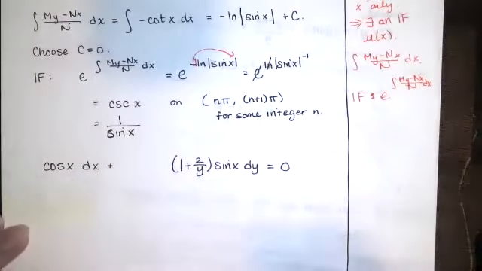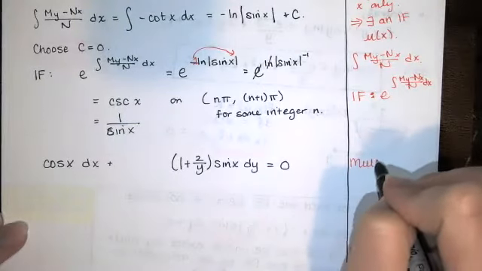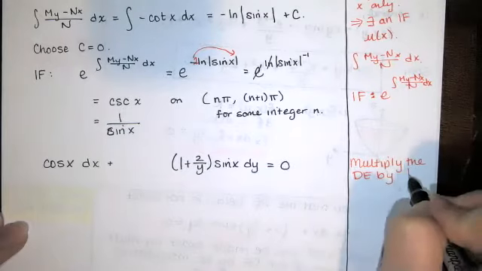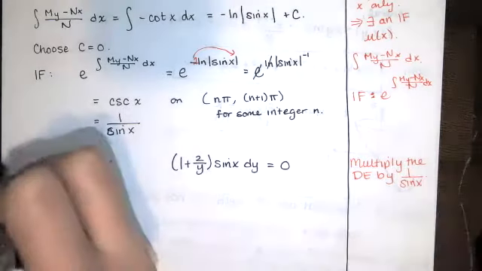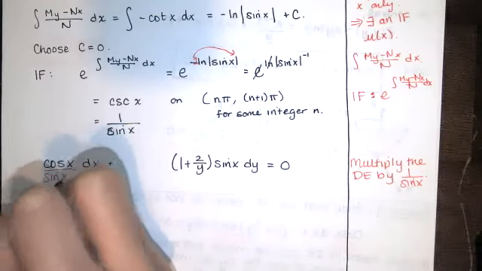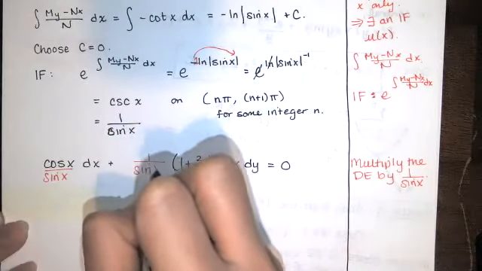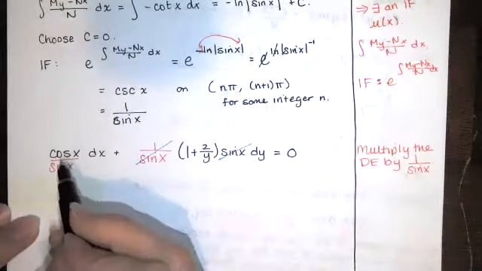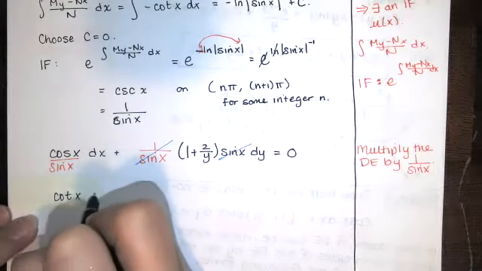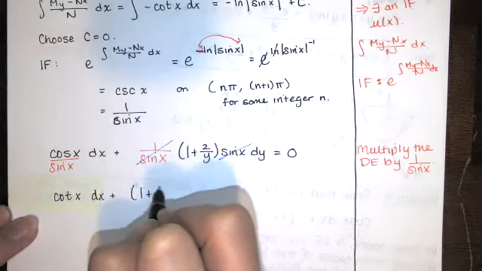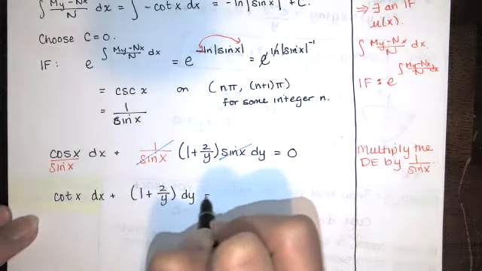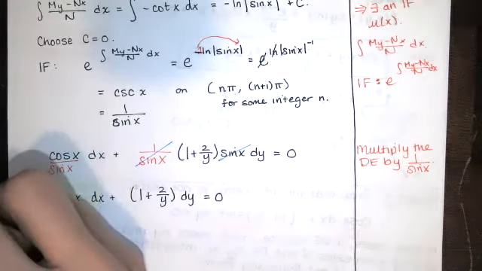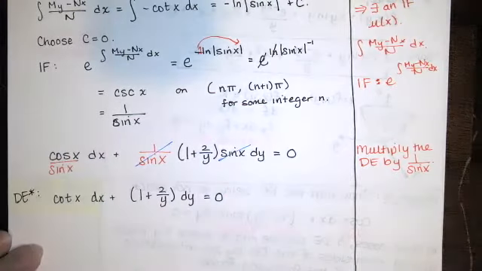So if I take both sides of this equation now, and I multiply by 1 over sine of x, these reduce, and we get this. Cosine over sine is cotangent of x, and then we have a 1 plus 2 over y times dy there. This is the new differential equation. Call it DE star.